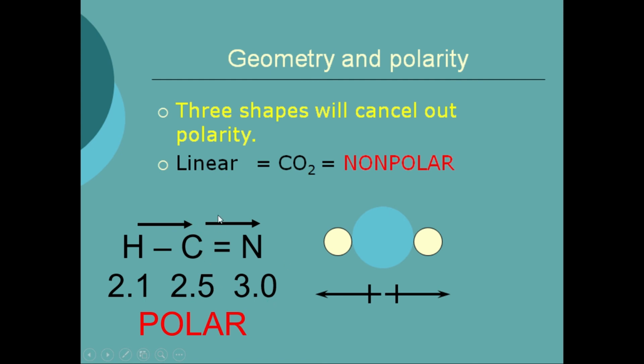Carbon to nitrogen, carbon is lower than nitrogen, so the arrow goes towards nitrogen. And as we can see, they have one direction forming a dipole moment. So this one is a polar molecule. As you can see, class, the difference: if nonpolar, the dipole moments are in opposite directions. If polar, the dipole moments have the same direction, or one direction.